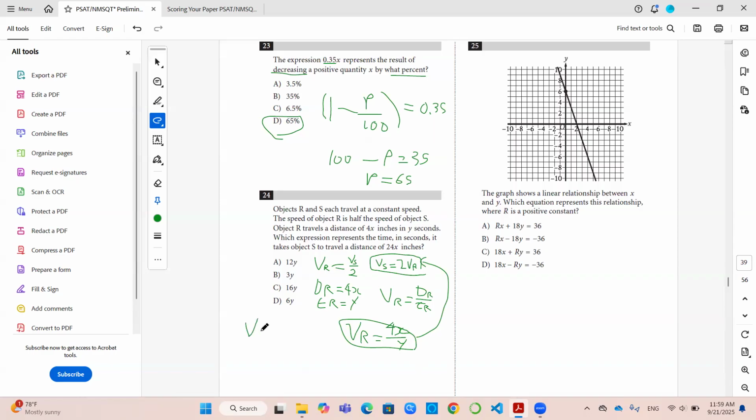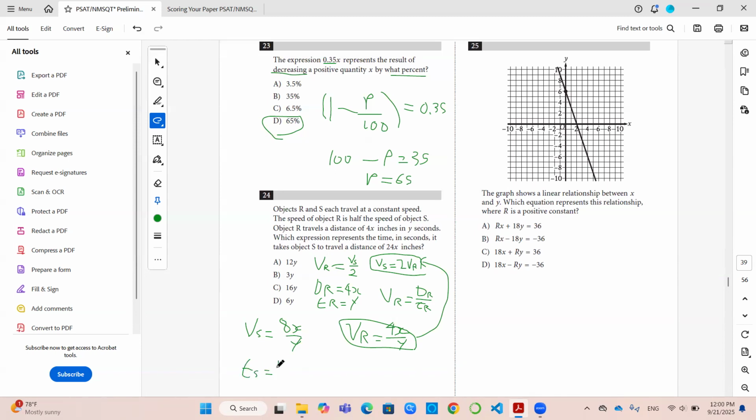So VS becomes 2 times 4 times x over y, which is 8x over y. Okay. Now I want to find the time TS.